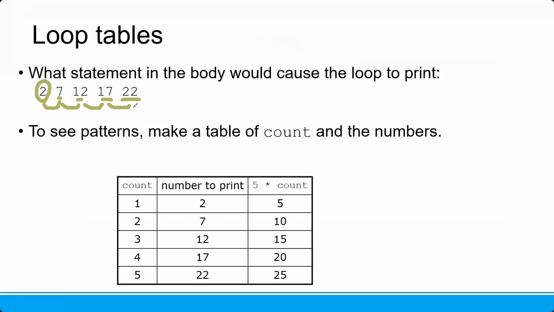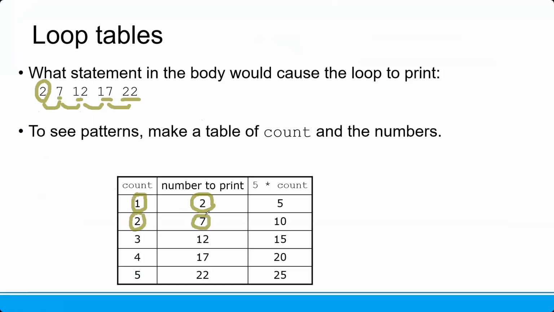I just make this table to make it easy. If the count is 1, you will print 2. If the count equals 2, then you will print 7.